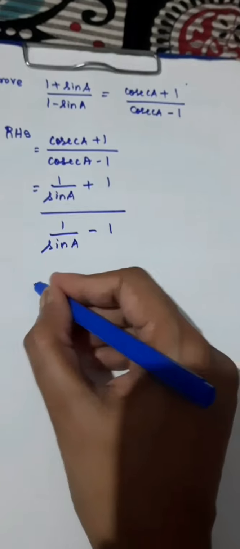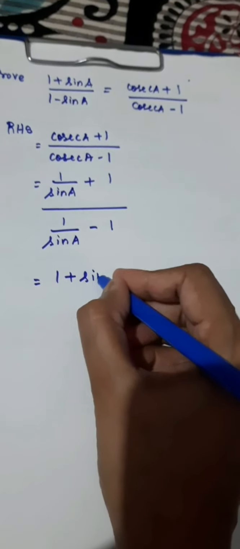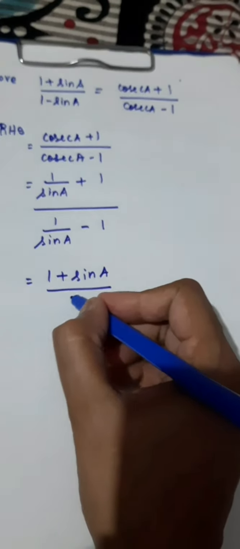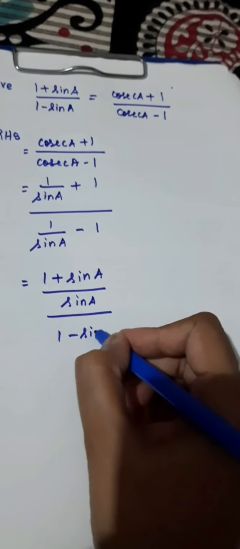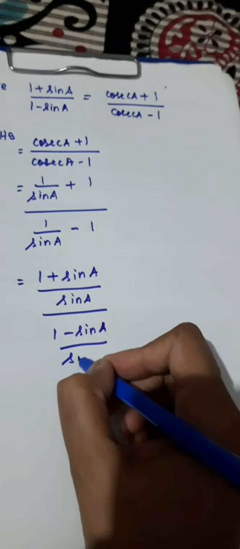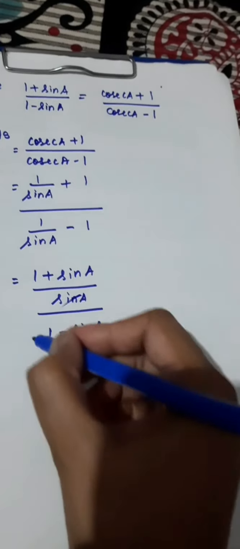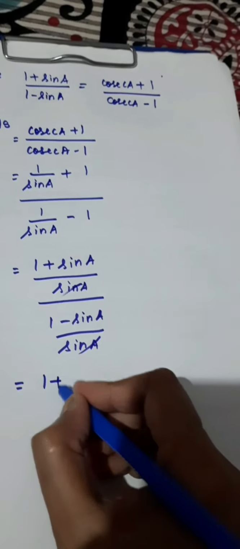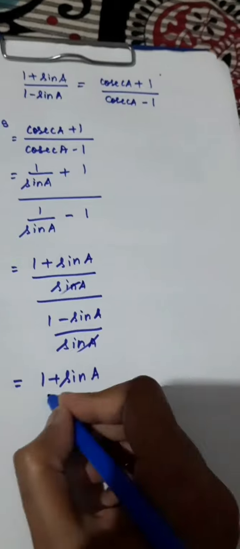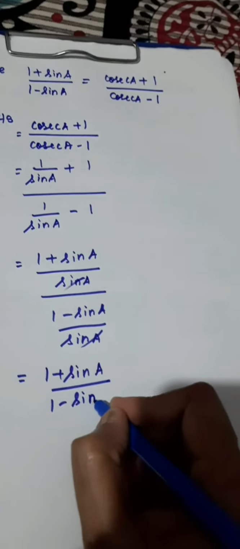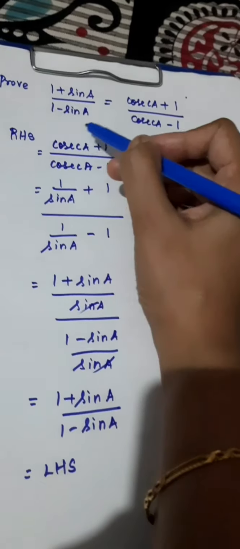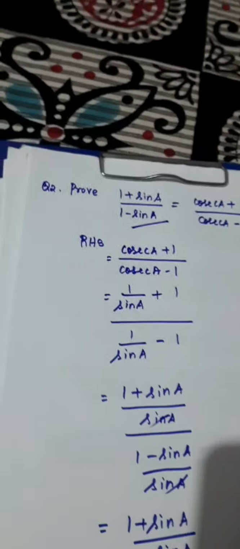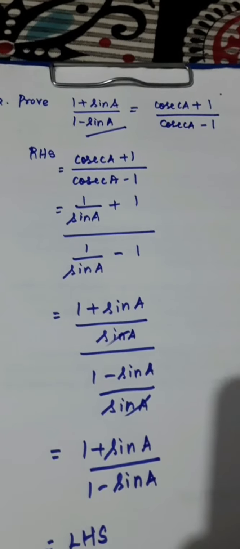Again by taking LCM, (1 plus sin A by sin A) by (1 minus sin A by sin A). So we can cut both sin A. So the answer is (1 plus sin A) by (1 minus sin A), which is LHS. Hence proved. You need to write hence proved at all the proof questions.